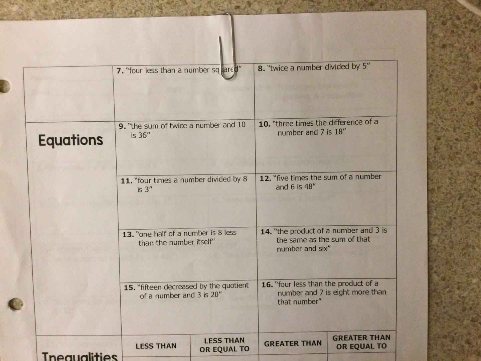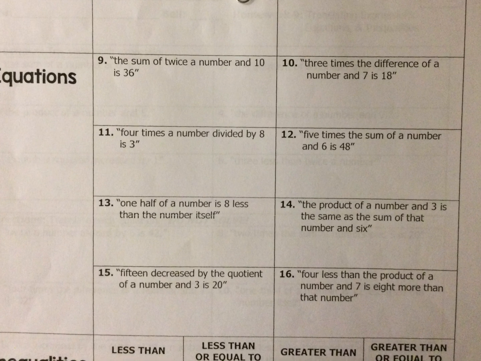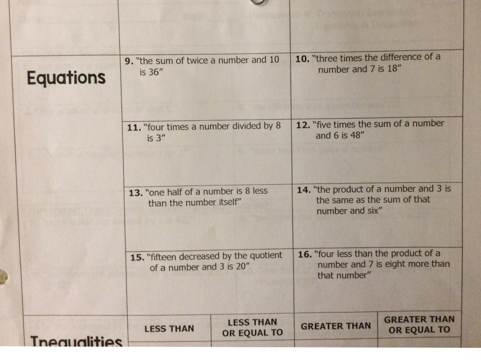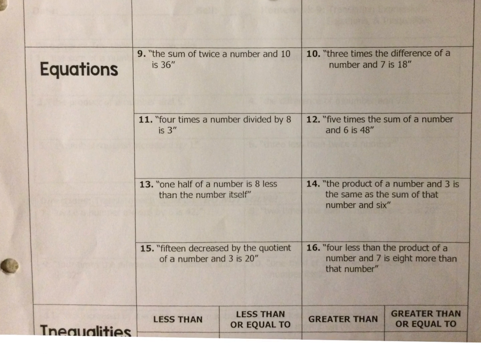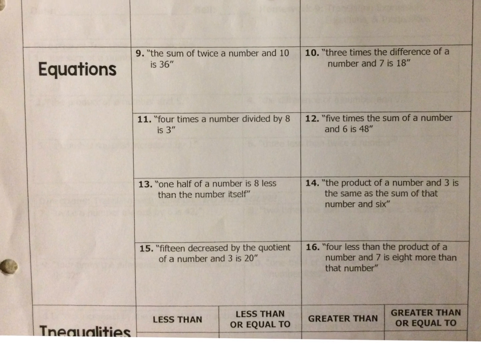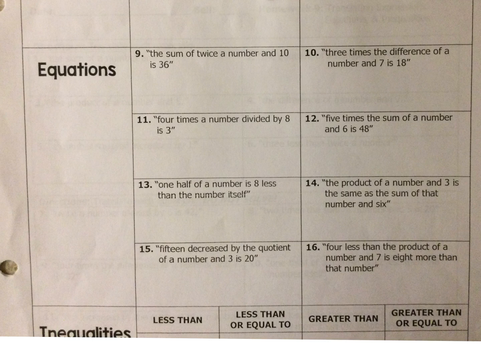Once you get back on this page, we are going to do the equations section. The difference between an equation and what we've been doing now is that equations have equal signs in them. So remember before when we see the word "is" or "is the same as," we put an equal sign.